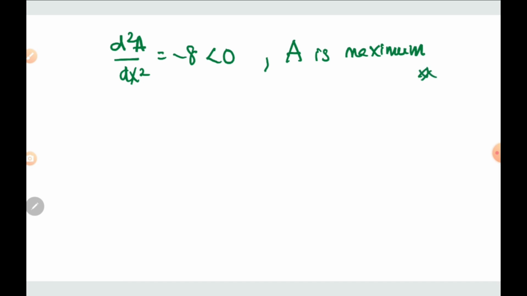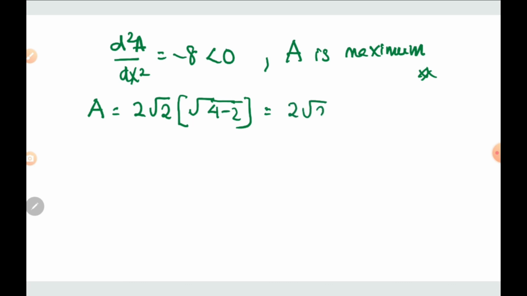Okay, so we need to find what is the maximum value of A. Therefore, the value of A is equal to 2 root 2 multiply with, the area is 2x, so 2 root 2 multiply with root 4 minus 2, close the bracket, and the answer is 2 root 2 times root 2. Root 2 times root 2 is 2, 2 times 2 is 4.